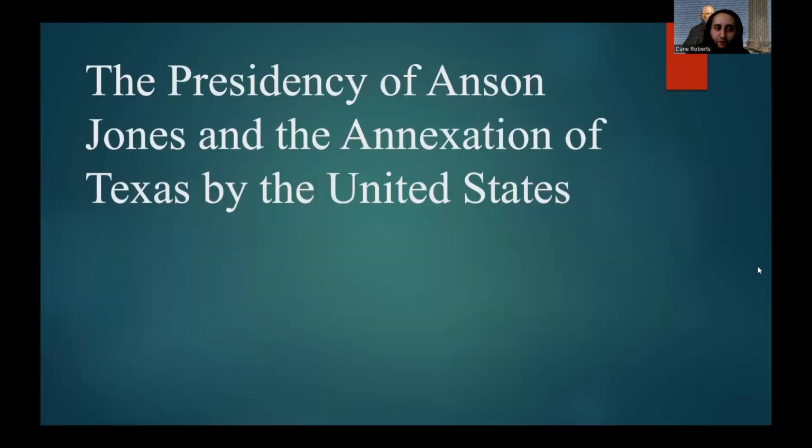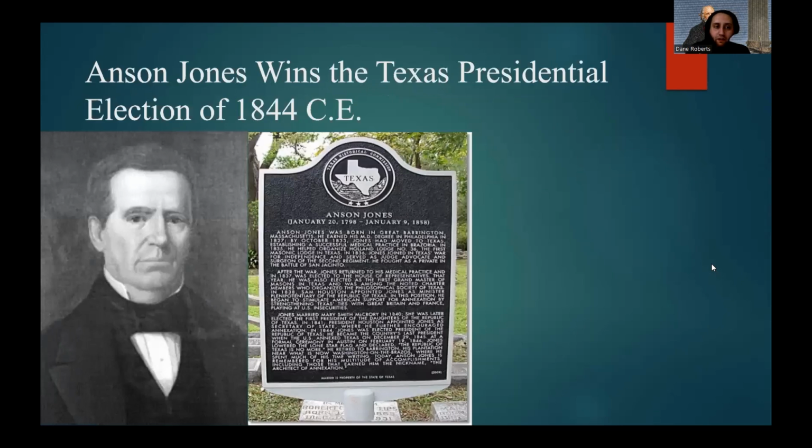Now, this brings us to the presidency of Anson Jones and the annexation of Texas by the United States. So Anson Jones would win the Texas presidential election of 1844 CE.